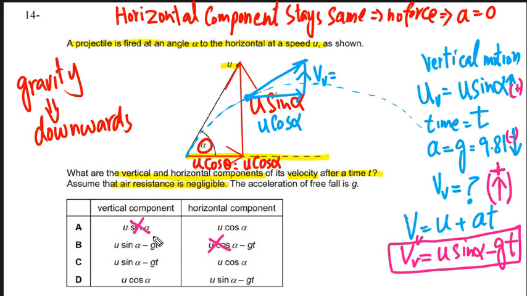This is correct, and this is correct, so vertical component and horizontal component, but this one is wrong and this one is also wrong. So our answer for this question is C. This is how we can answer. This is a basic concept about projectile motion, so we have to be quite clear about this.